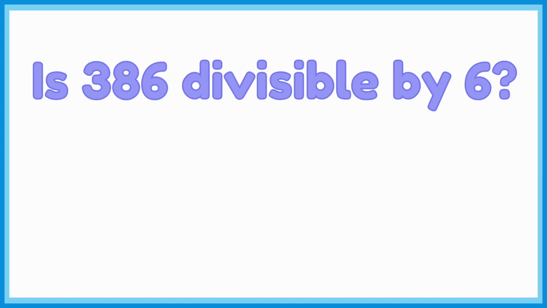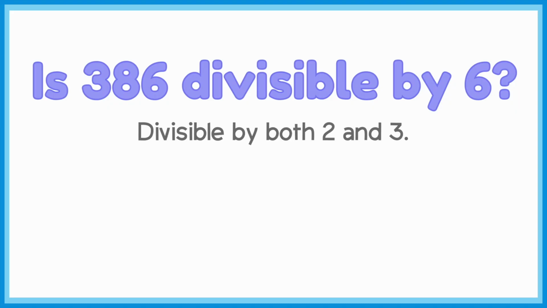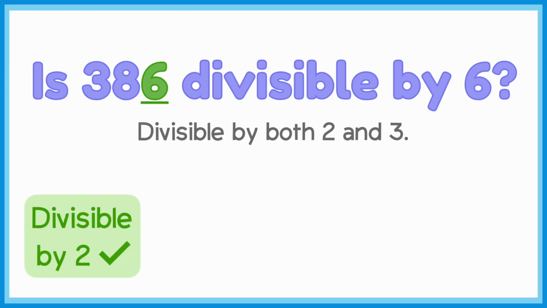Do you remember the rule for 6? A number is divisible by 6 if it is divisible by both 2 and 3. Let's use these rules to find the answer. First, a number is divisible by 2 if the digit in the ones place is an even number. 386 has a 6 in the ones place. 6 is an even number. So this means 386 can be divided evenly by 2.